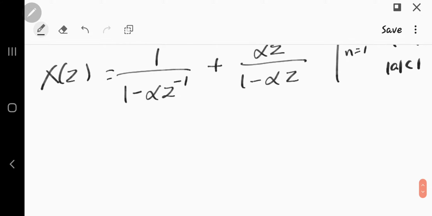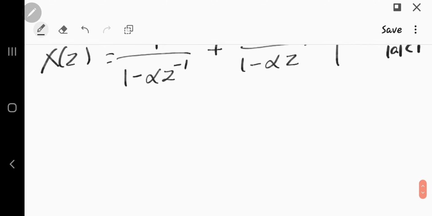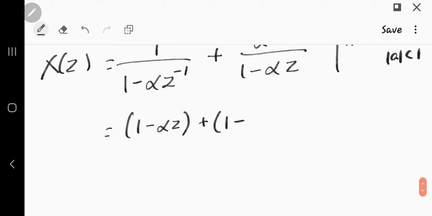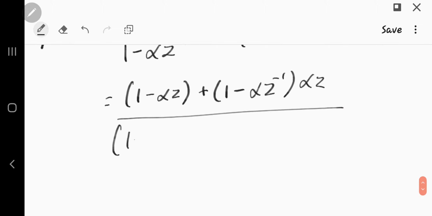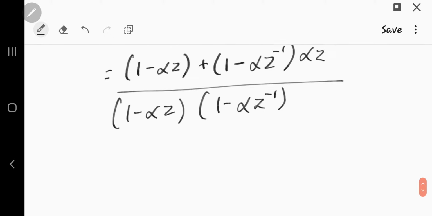So this is what we have applied. Next, if you simplify this, you will get 1 minus alpha z if you take the LCM, and plus 1 minus alpha z inverse into alpha z, divided by 1 minus alpha z, 1 minus alpha z inverse.